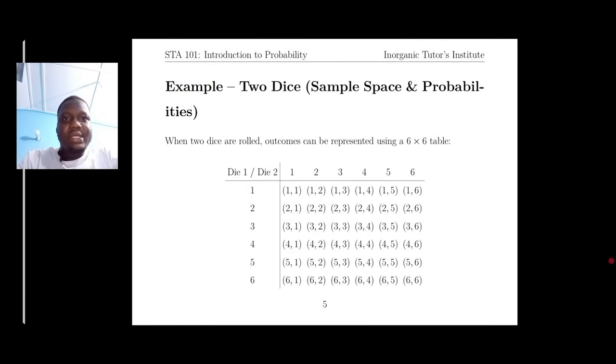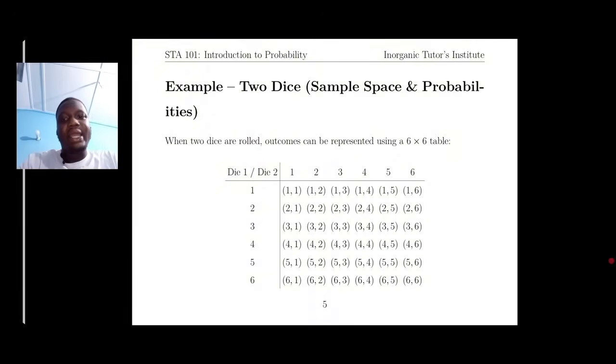Other similar statements you can see are a fair die is rolled twice, or two fair dice are rolled simultaneously or at the same time. This means we roll a die, look at the outcome and write it down. Then we roll the die again, look at the outcome and write it down. So we now have a pair of outcomes.